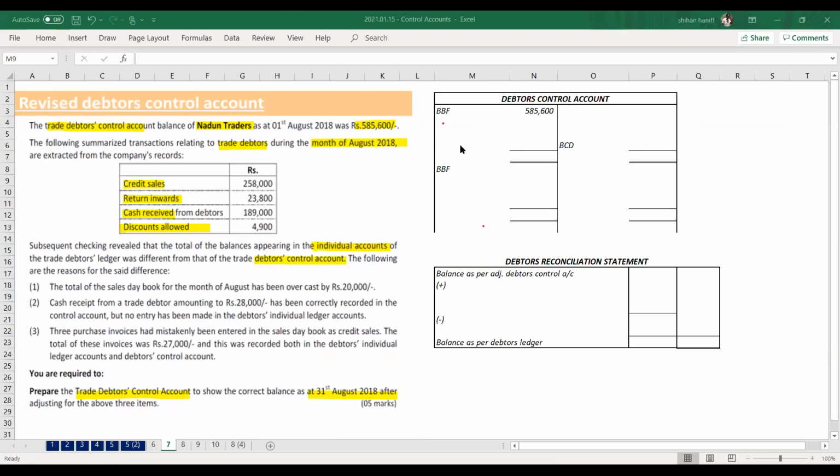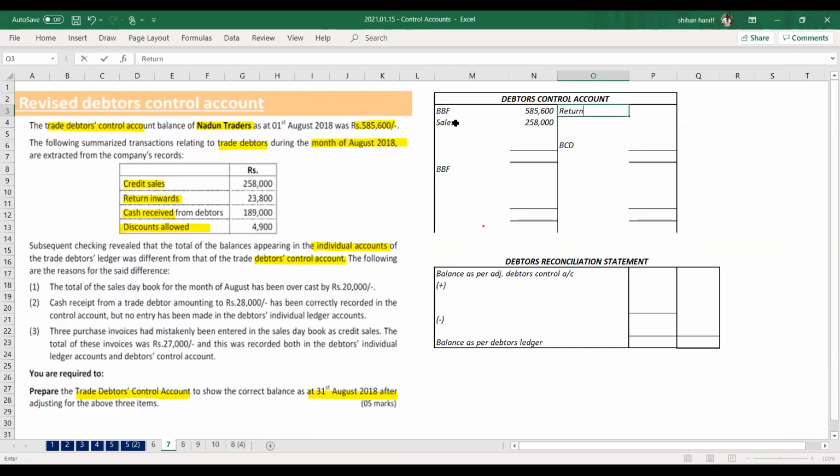Right. So what is the answer? 625,900. So let's calculate. Credit sales 258,000.